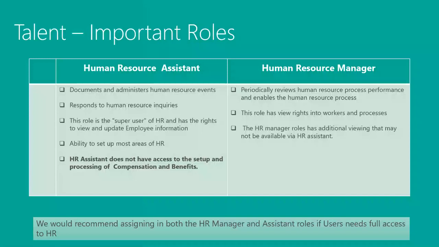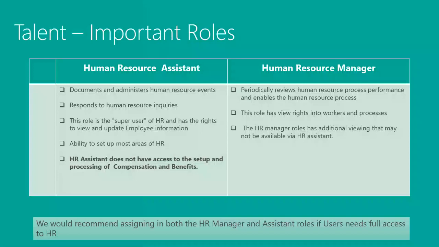More in general, the most common scenario in most of the organizations that I've seen in implementations is that a particular user will be performing the assistant role, and also viewing the reports and then making some decisions. In that scenario, we would recommend using HR manager and HR assistant roles if the user needs full access to HR.